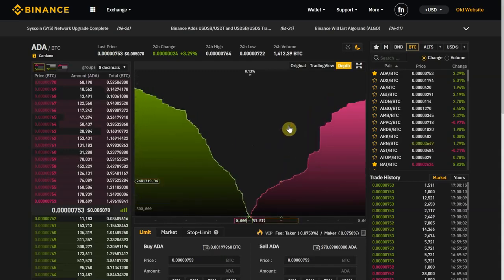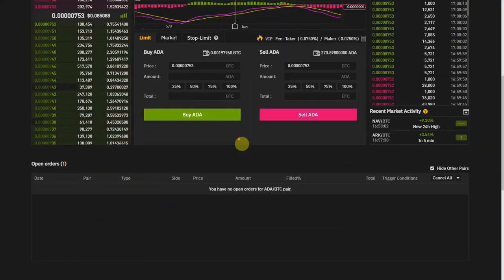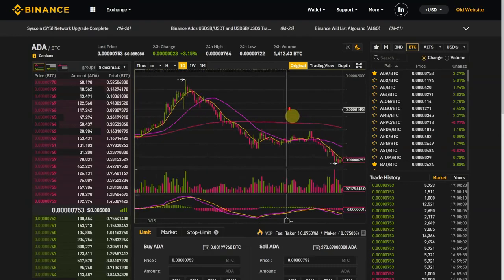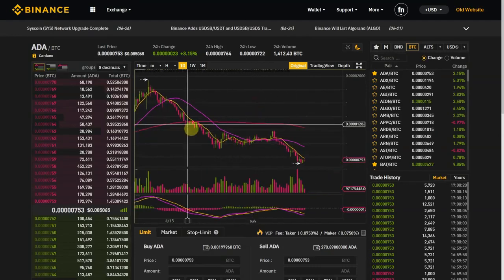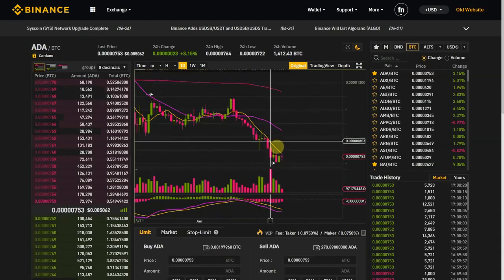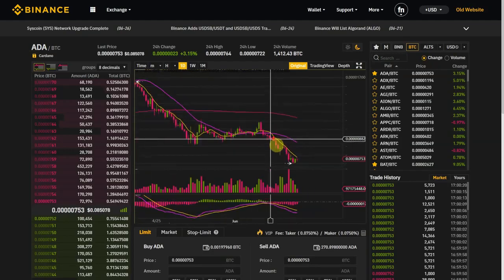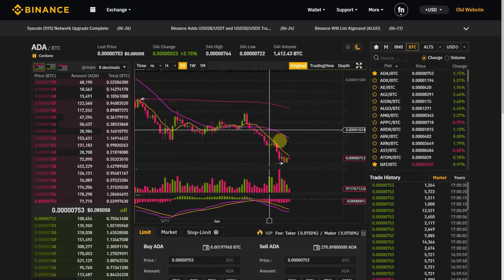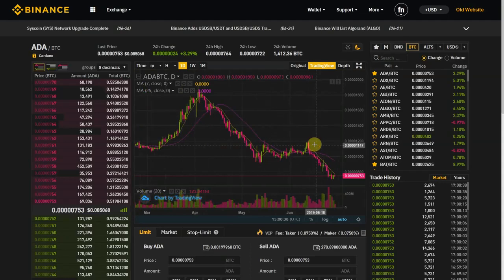Where can we go next? The chart. I don't like Binance's original view. I hate the colors, they're just annoying. The pink, I really don't like this color. Not pink in general, but this particular pink just hurts my eyes. So I always use TradingView.